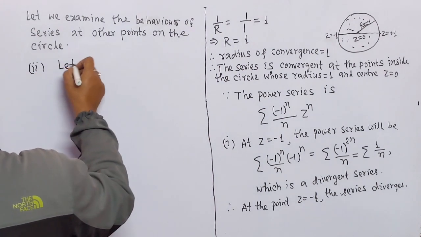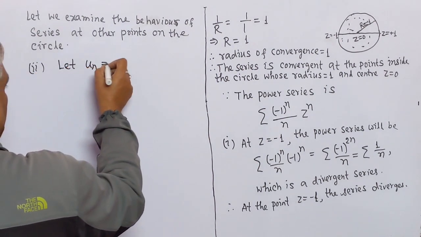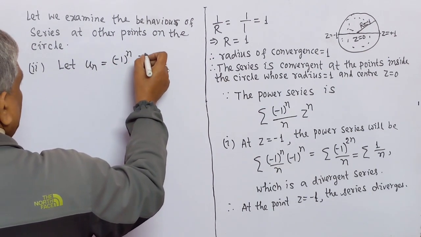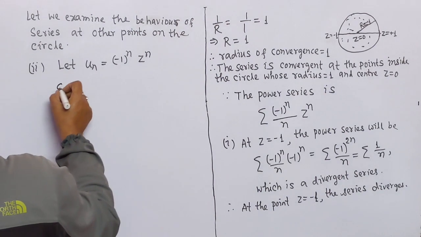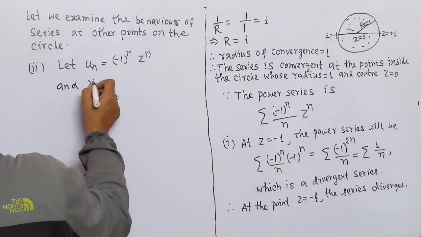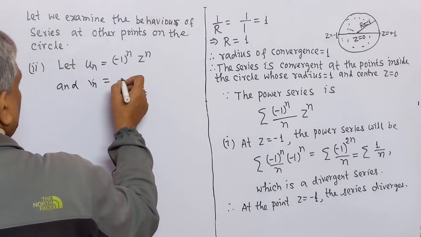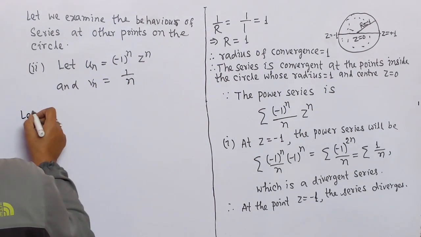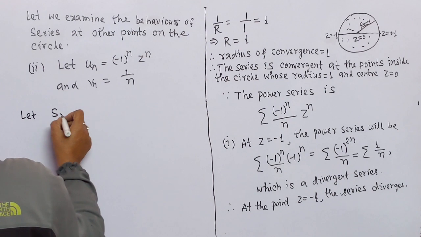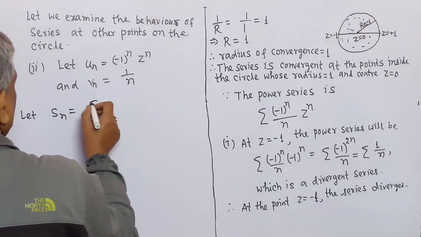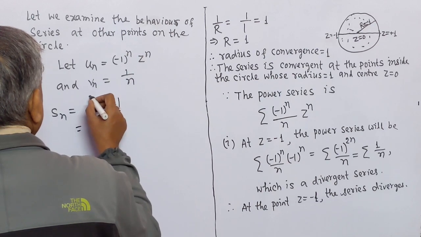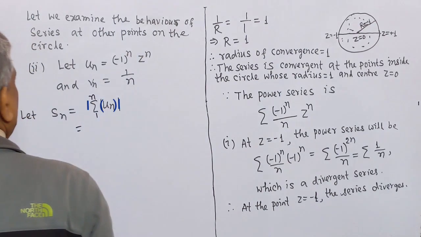Let u_n equal minus 1 to the power n z to the power n and v_n equal to 1 by n. Let S_n equal sigma u_n from 1 to n.